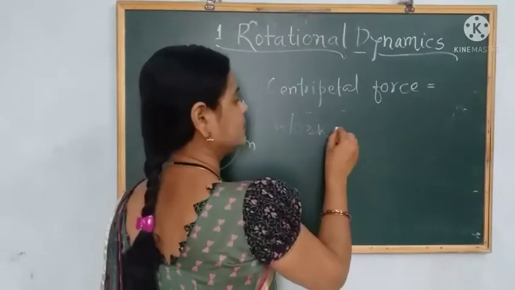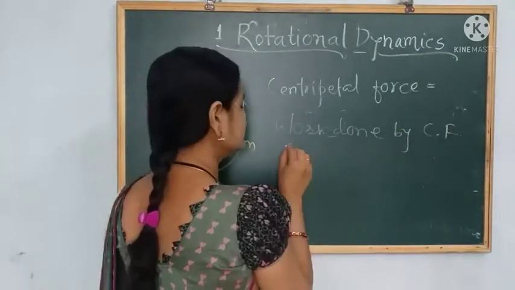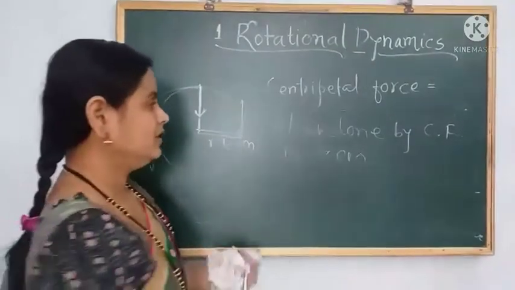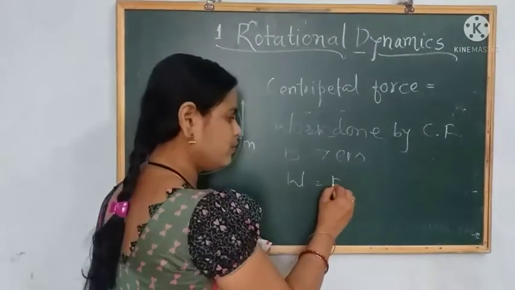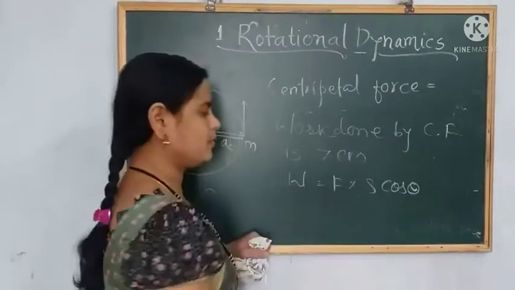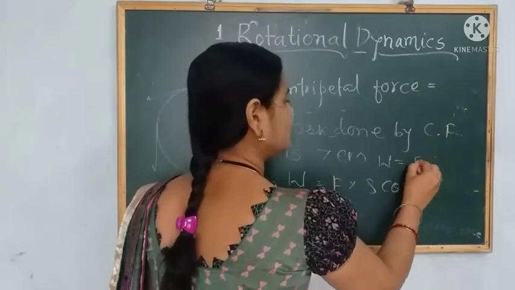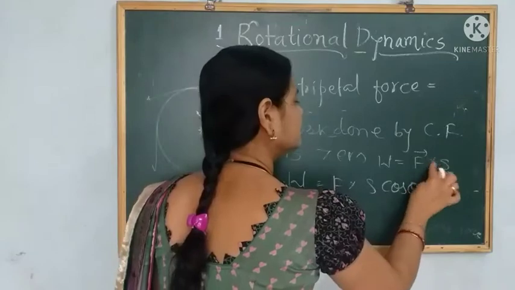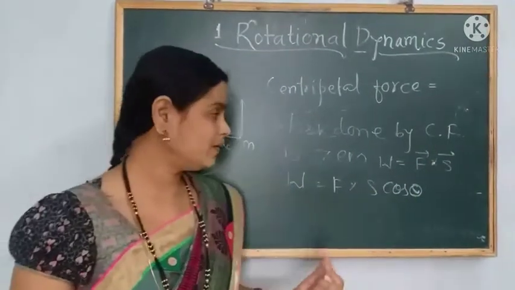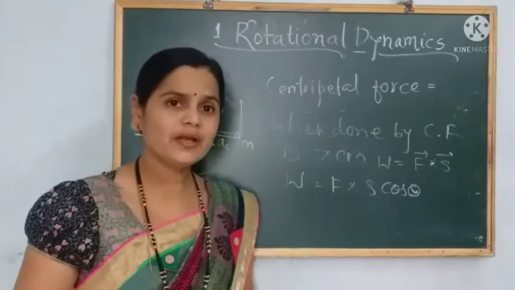Work done by the centripetal force is 0 because work done is the scalar product of force and displacement: vector F dot vector S, that is, F S cos theta, where theta is the angle between the force and the displacement vector.